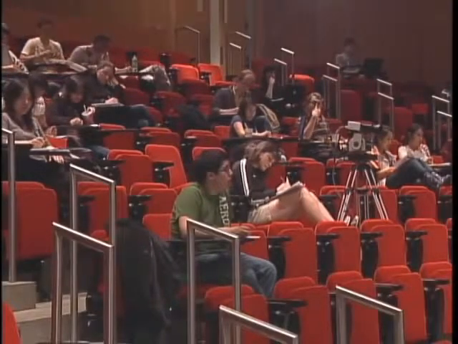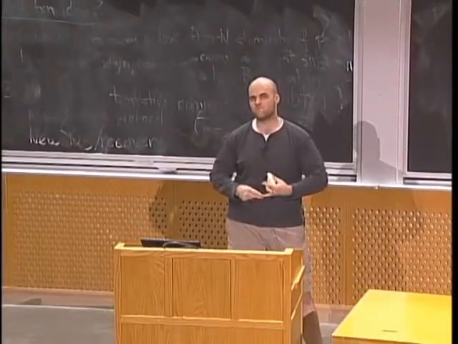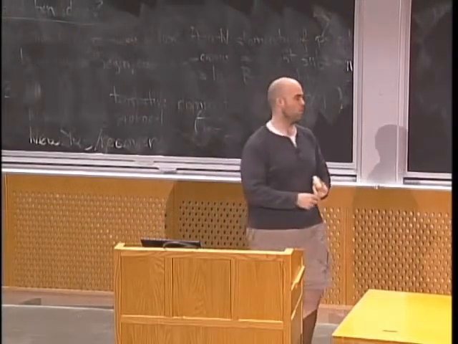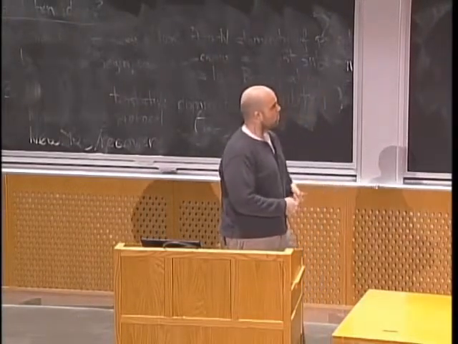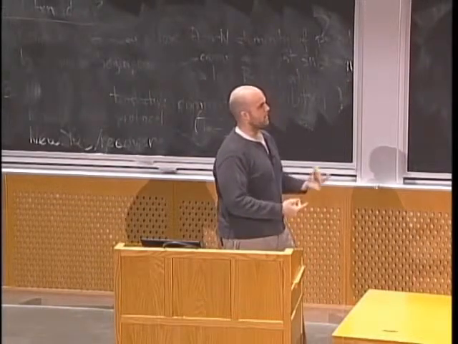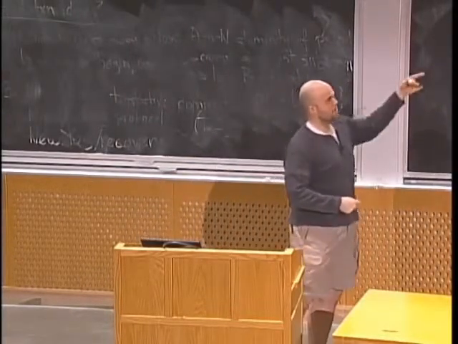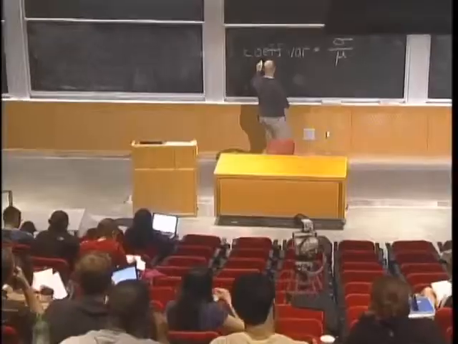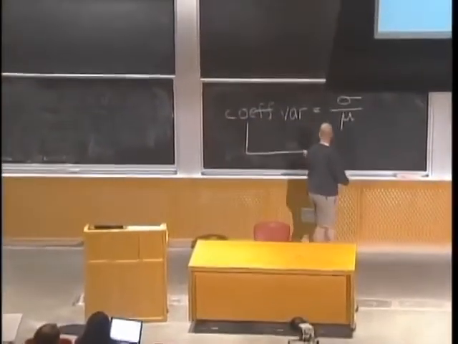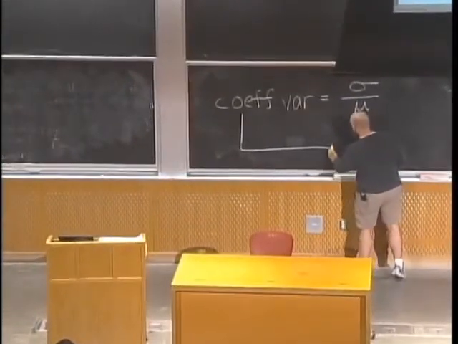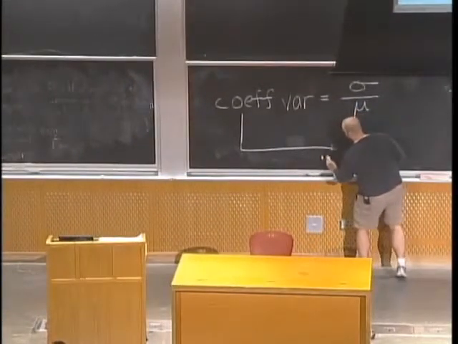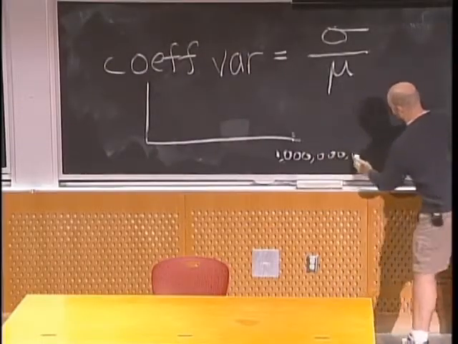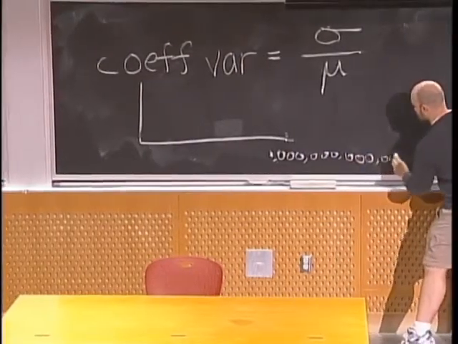So it's another way of telling if your distribution is very widely spread. What it's getting at is, it's trying to help you compare your standard deviation against your mean, because let's say that I have a distribution and its mean is all the way out at, let's pick a very large number.